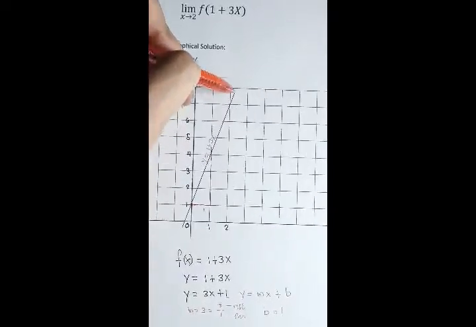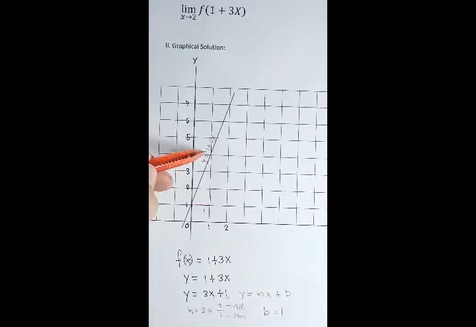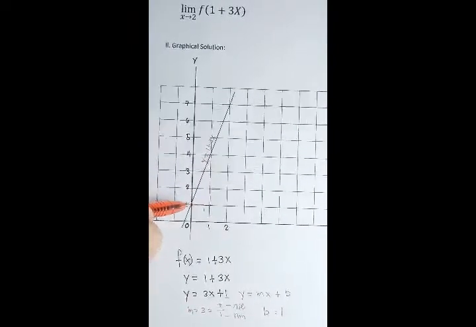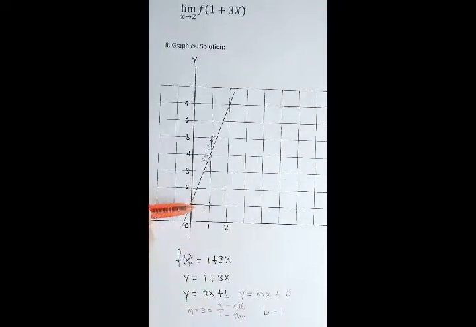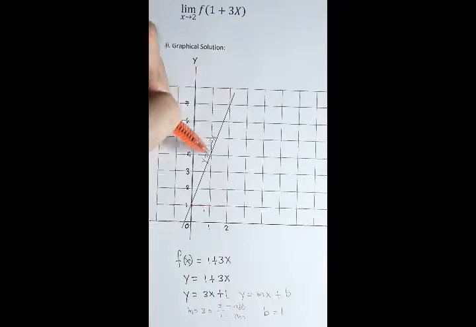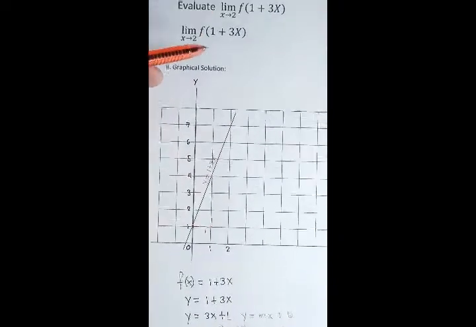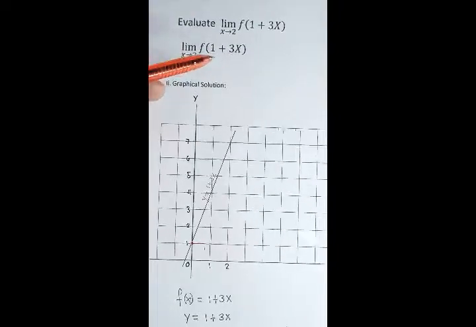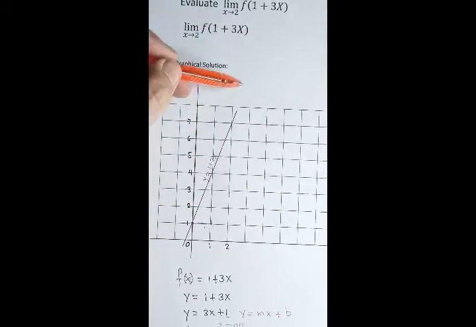So this is the line y equals 1 plus 3x, with y-intercept 1 and slope 3 or 3 over 1. So we plot it, and it is a line.